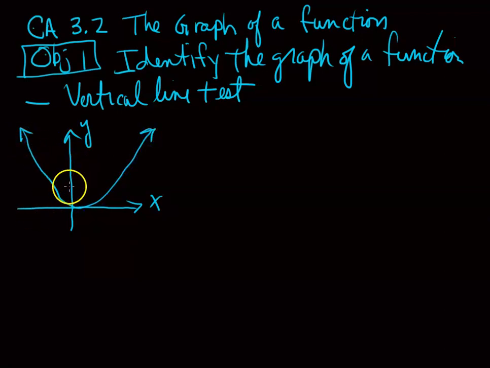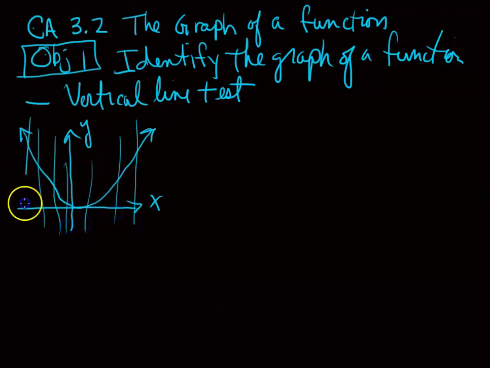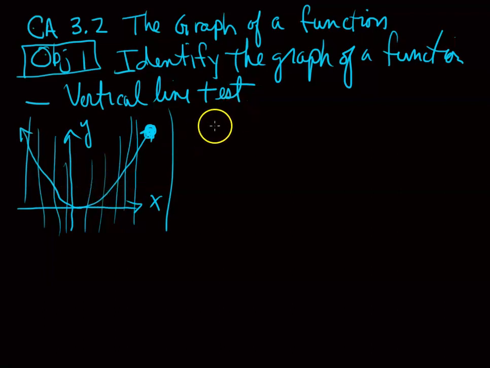If you take a vertical line and draw it any place, you cross that graph at most once. If the graph would stop here and you draw a vertical line to the right of that, that's okay to miss. But if you hit it at most once anywhere you draw a vertical line, that's the vertical line test.